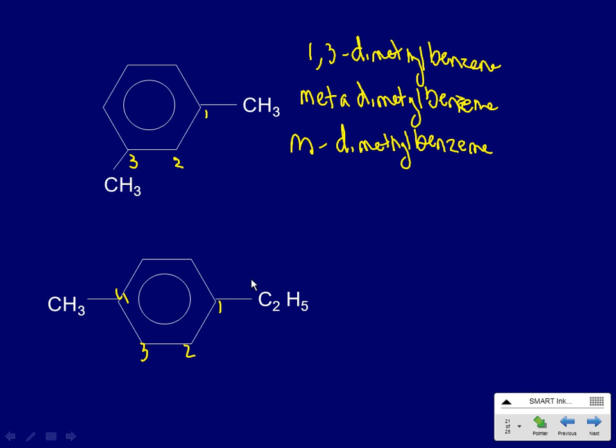Now notice I've changed the branches just to show you what happens when the branches change. This is an ethyl, right? And this is a methyl. So again, we've got to put the ethyl first, and it gets the 1. So we've got 1 dash ethyl dash 4 dash methyl benzene.